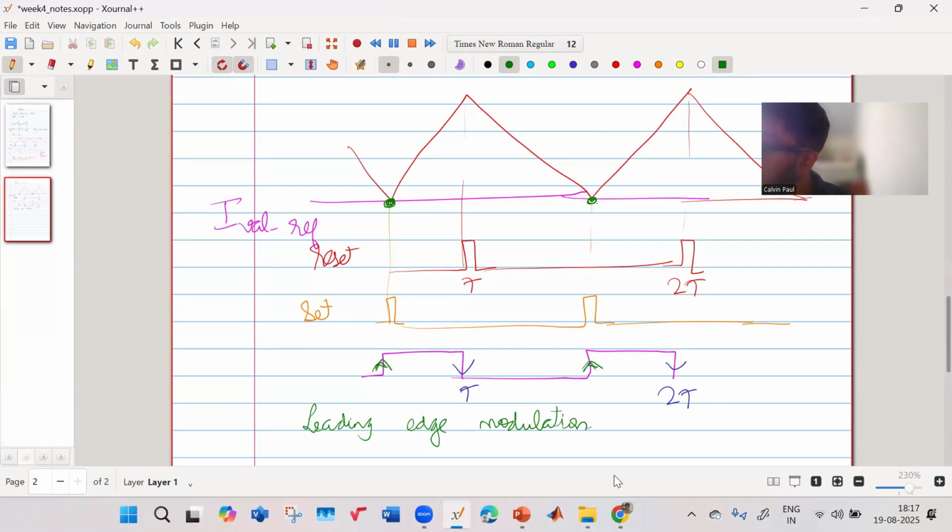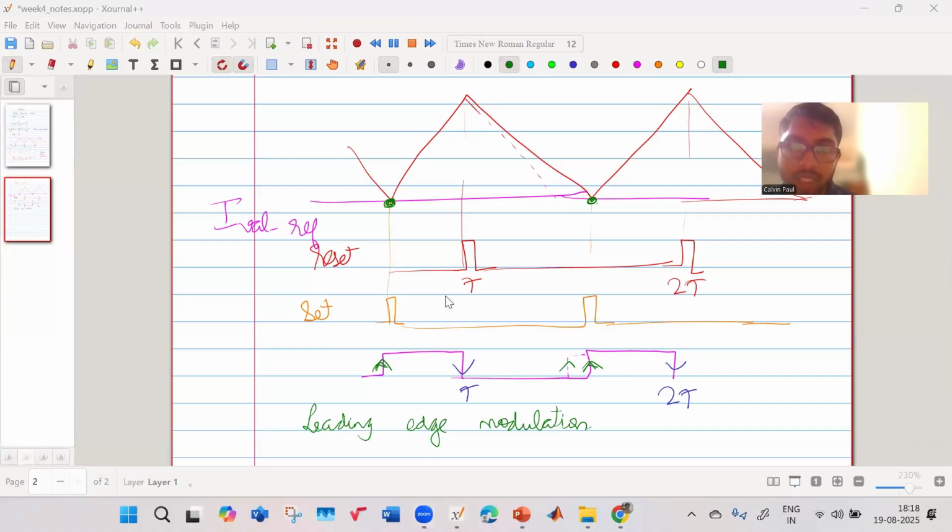If your current touched over here, then your pulse would have changed like this, and it would have turned on over here. So this rising edge is modulated, it is controlled. That is why it is known as leading edge modulation.